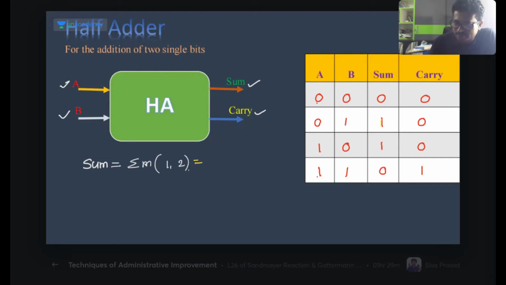This is A bar B plus A B bar. And what is this gate? This is nothing but the XOR gate, the XOR operation. Next, now let's talk about the carry.